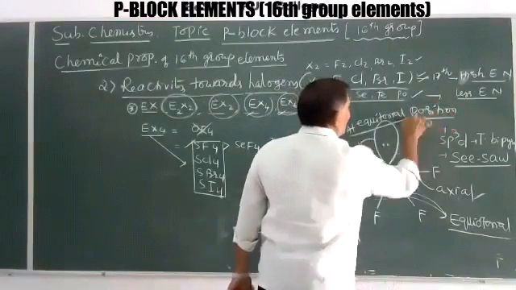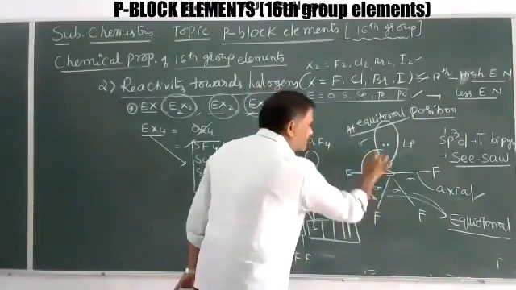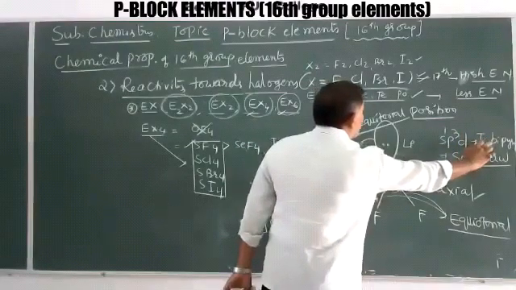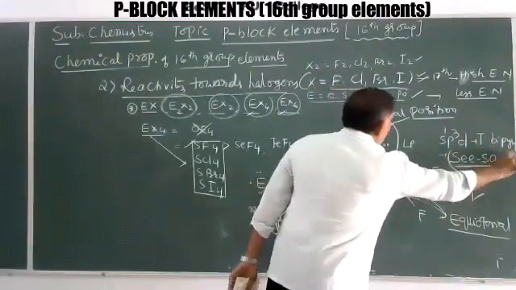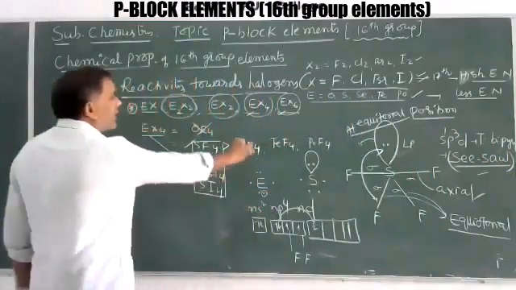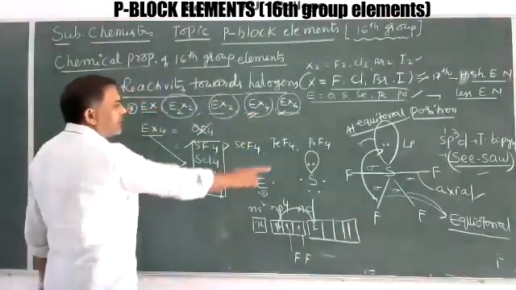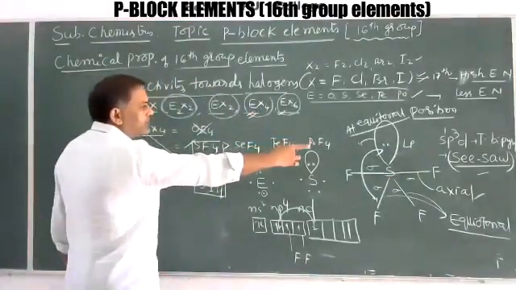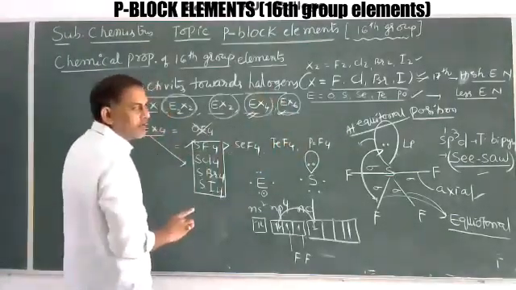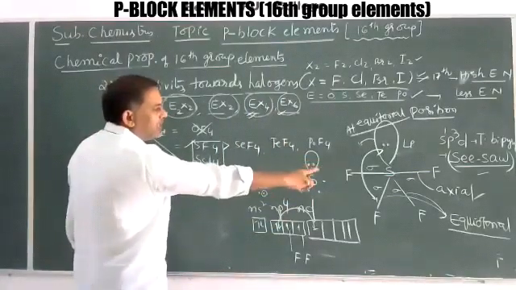Due to the presence of this lone pair at the equatorial position, lone pair and bond pair repulsions take place. Its geometry is trigonal bipyramidal, considered as a seesaw-like structure. So the tetrafluorides, tetrachlorides, tetrabromides, tetraiodides have a trigonal bipyramidal seesaw structure due to the presence of 1 lone pair. Clear? Its geometry and types of bonds, axial and equatorial.